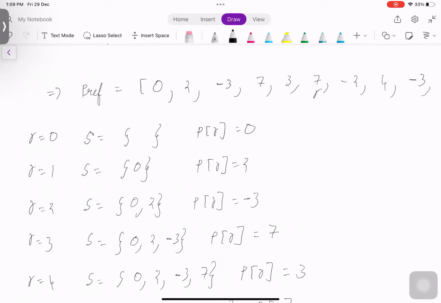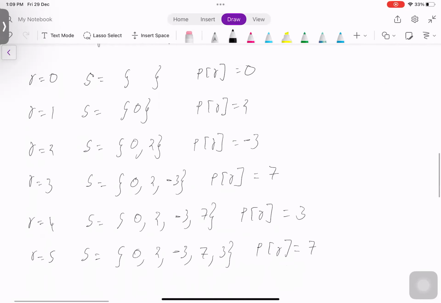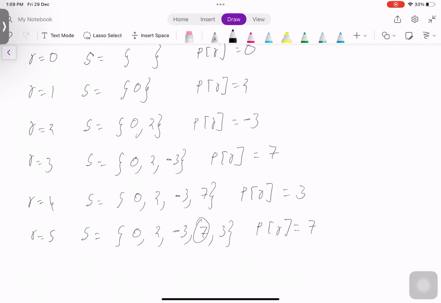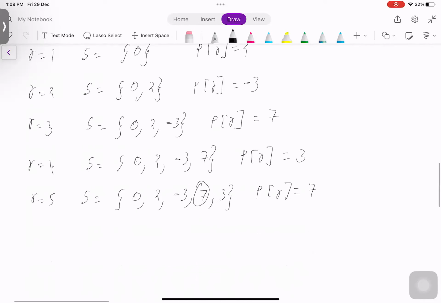So 7 is present in this set, that means there is a prefix L minus 1 which can be paired with prefix R to sum up to 0. So here we need not proceed further, because we already know there is one subarray. We just need to find if there exists at least one subarray, so here we can just output this.